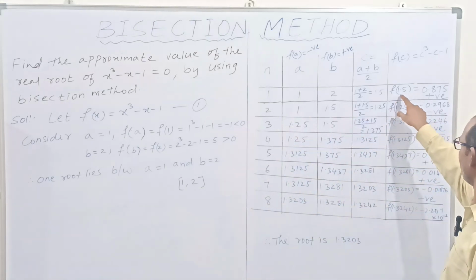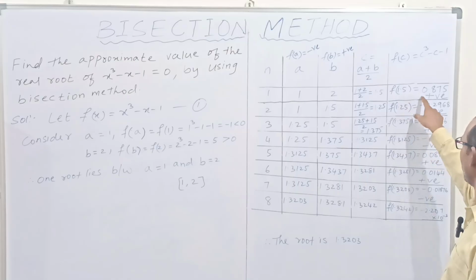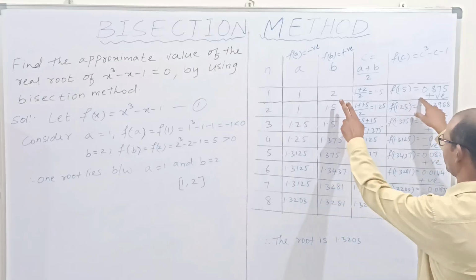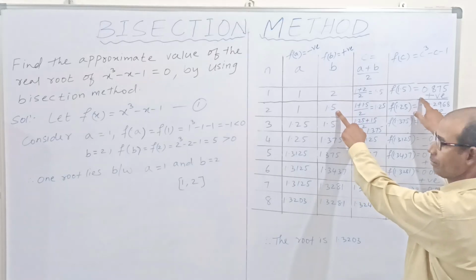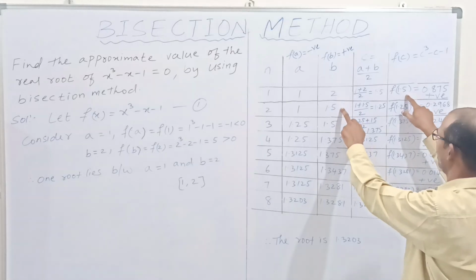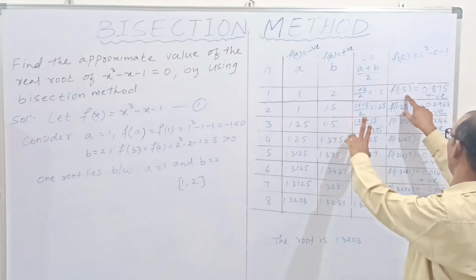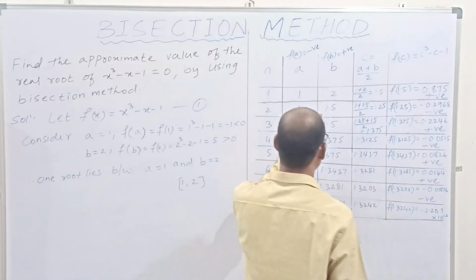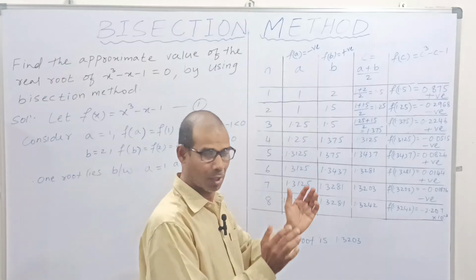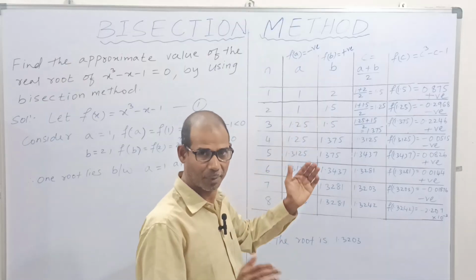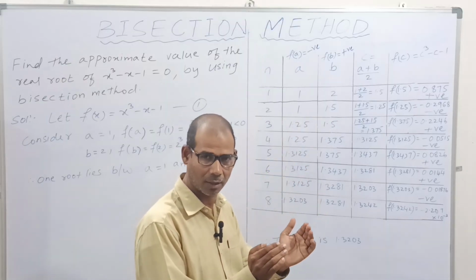So here the function value at 1.5 is positive. So now 2 will be replaced with 1.5. Okay. Right. So now the interval 1 comma 2 is reduced to 1 to 1.5. So that means we are getting closer to finding the root.